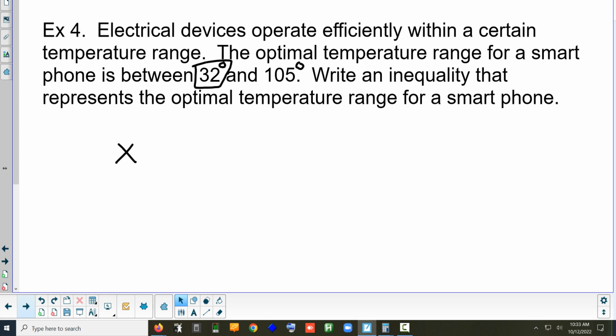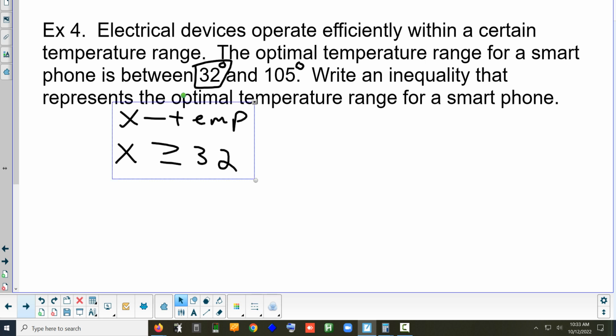Yeah? 32. So X is the temperature. I want the temperature to be more than or equal to 32. But I don't want it to be like 600. 600 is more than 32, but I don't want it to go that high.